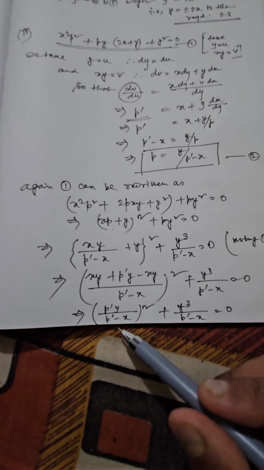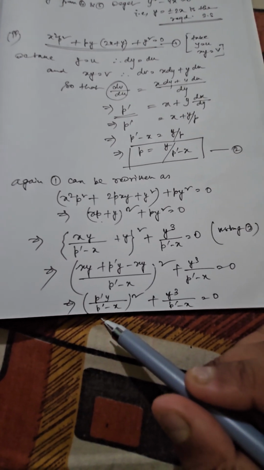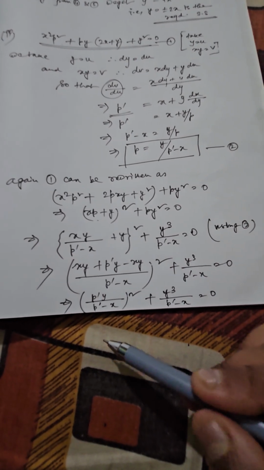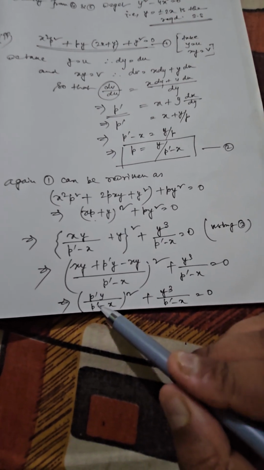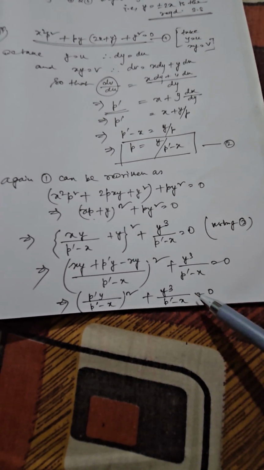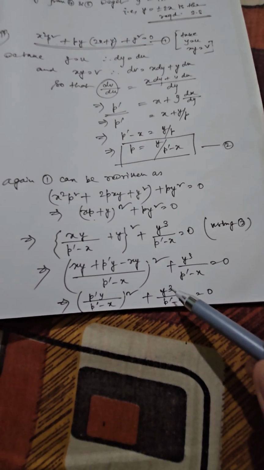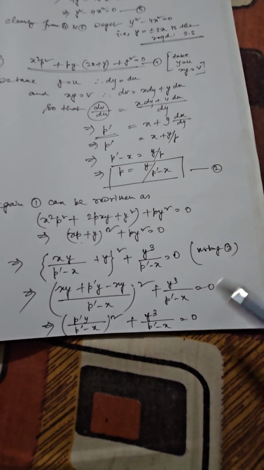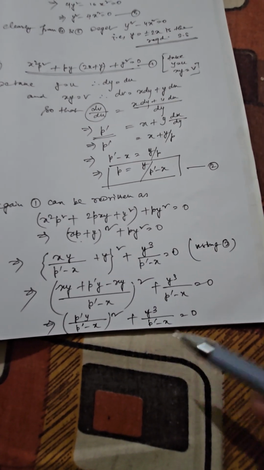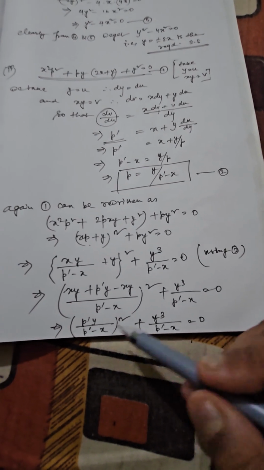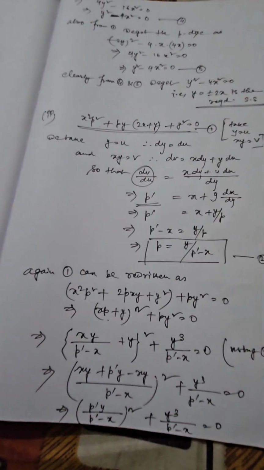Now simply multiply this expression on both sides by p dash minus x whole square, so that this part will be cancelled, and on the second term you will get y cube into p dash minus x. That means we are going to multiply this entire expression by p dash minus x whole square.